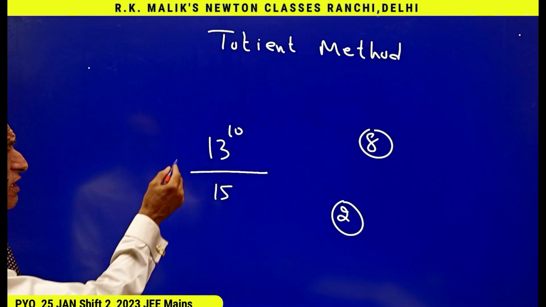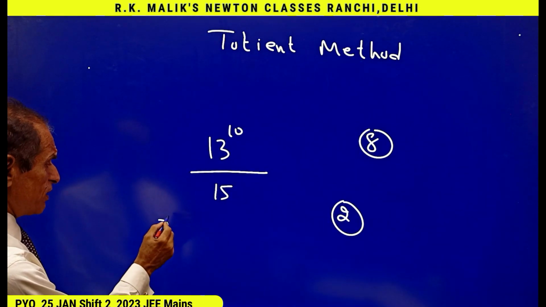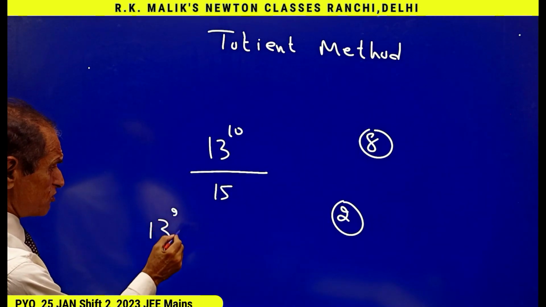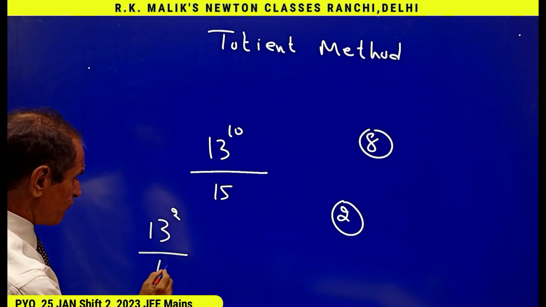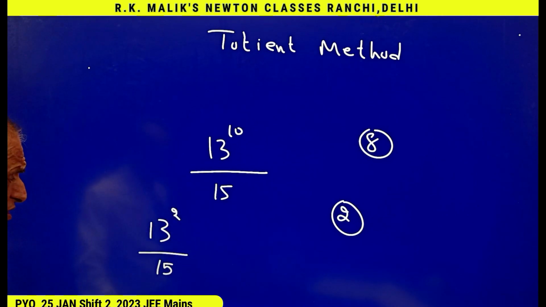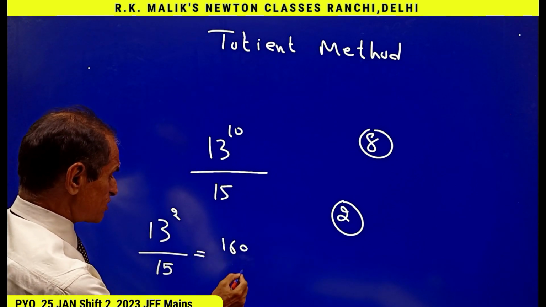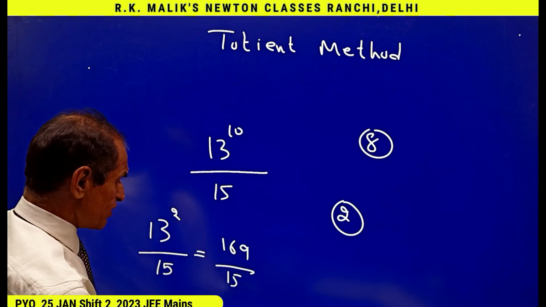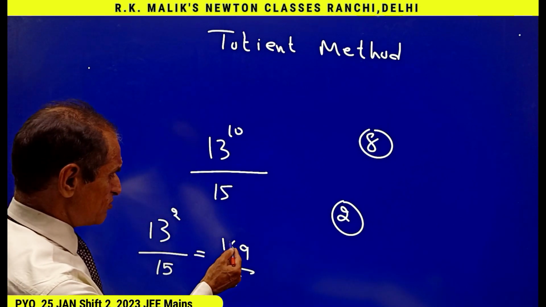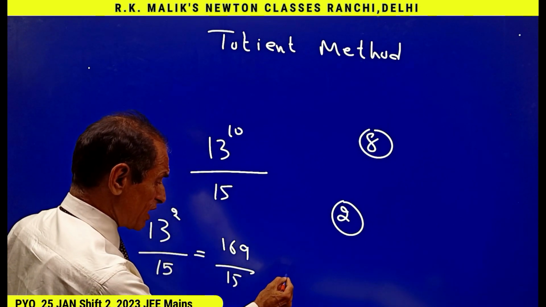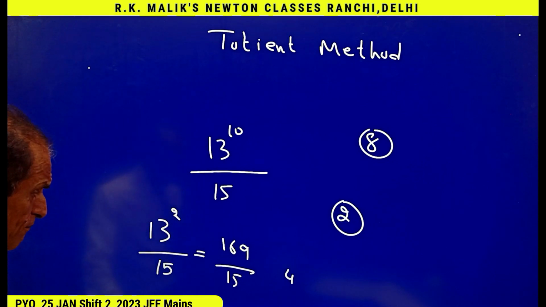Therefore, I can say the remainder in this case and the remainder in the case of 13 square divided by 15 are the same, and 13 square is 169 upon 15, and when this is divided by 15, the remainder is going to be 4.